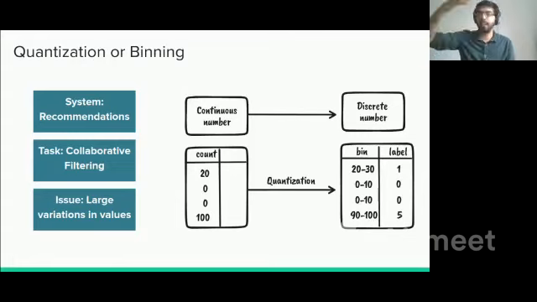And now again, you either keep it as a bin or you assign that bin a label and use that label as your feature. In this case, for example, if your values range between 0 to 100, you've already reduced that range to 0 to 5 by quantization or binning.